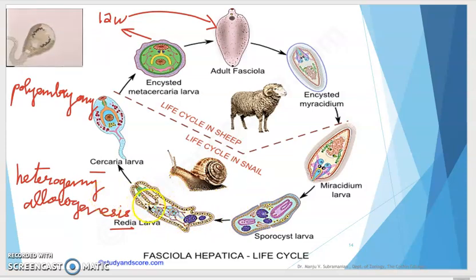So before attaining the adult stage, the larva begins to reproduce, and that condition is called pedogenesis. For example, the redial larva is capable of producing daughter redia parthenogenetically, and this process is called pedogenesis.